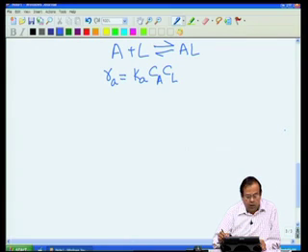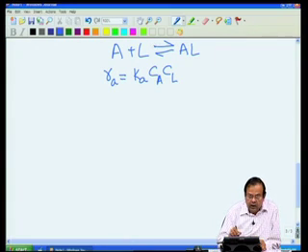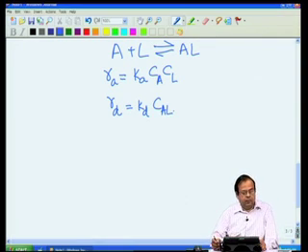So, that is the adsorption rate. I can similarly write the rate of AL going to A plus L, that is desorption, as Kd, D denoting desorption, A denoting adsorption over here, into CAL.